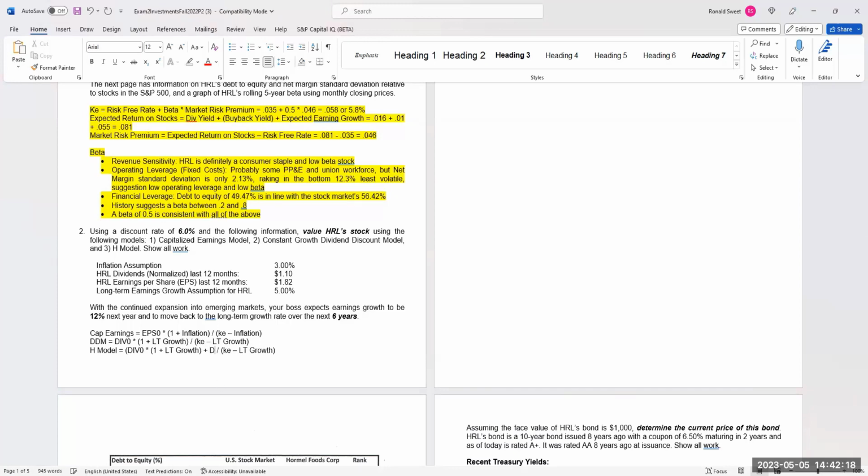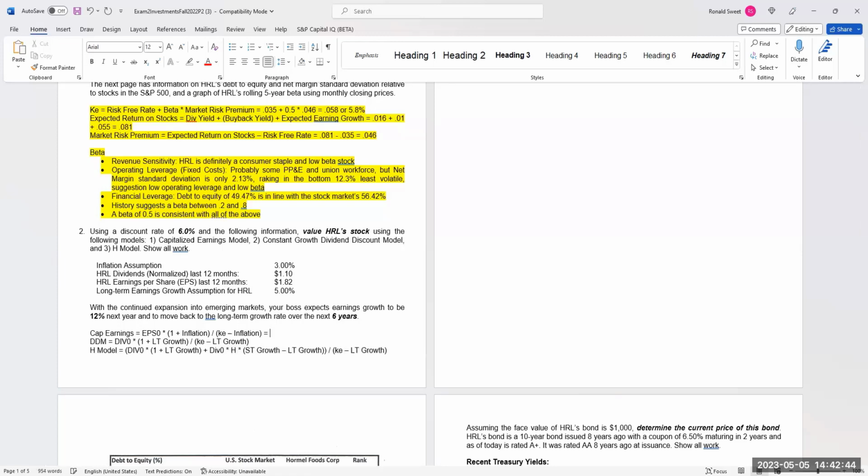You have to add in dividend 0 times H times short-term growth minus long-term growth. Make sure that entire thing is in the numerator. Some students will do this, and then they'll do all of this, and that's not going to give you the right answer or even close.